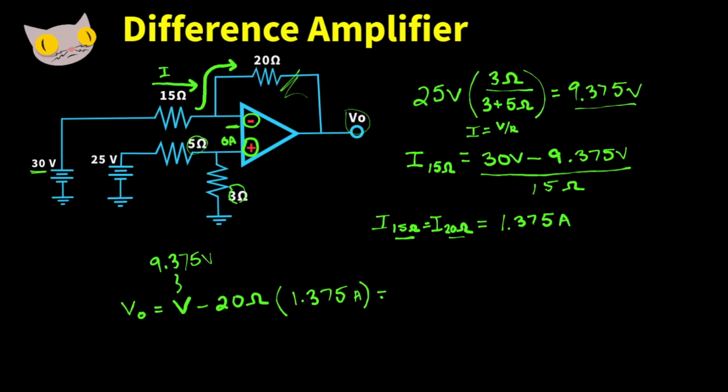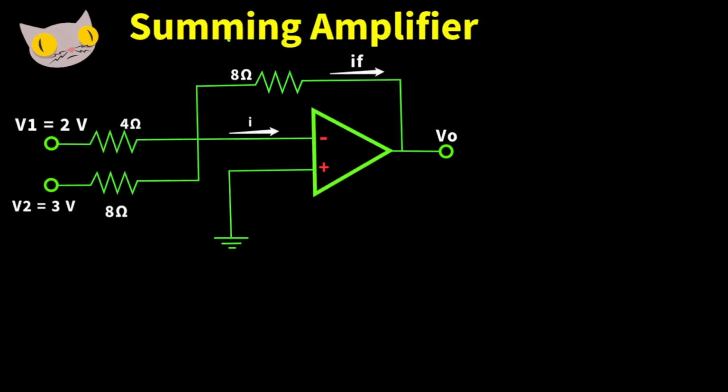And this is going to give us negative 18.125 volts at the output terminal. And there's our answer. Next, we have this summing amplifier.